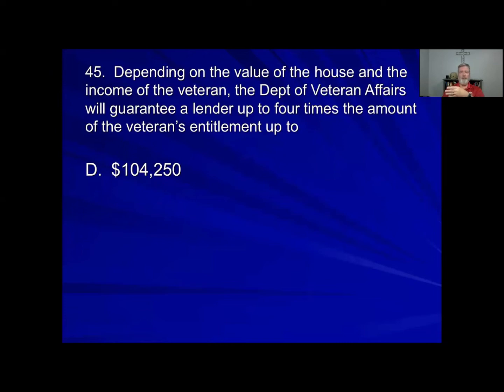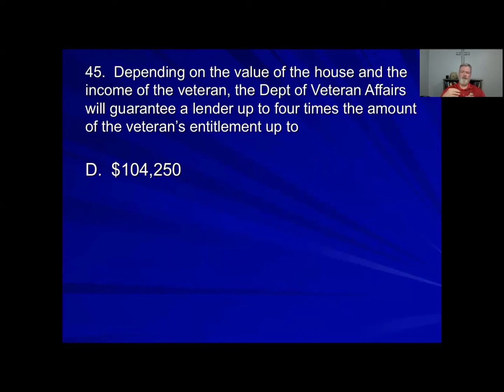And quite frankly, a rule of thumb, I don't know if this would be important for test purposes, but typically a lender will loan up to 4 times the amount of the guarantee.